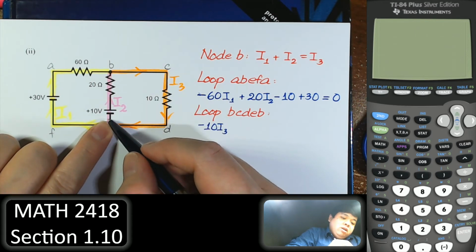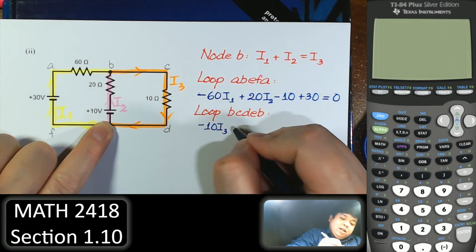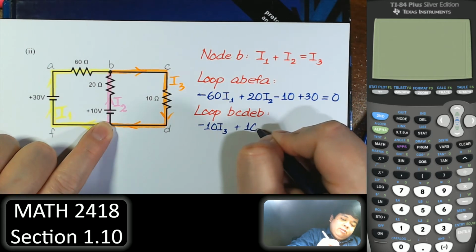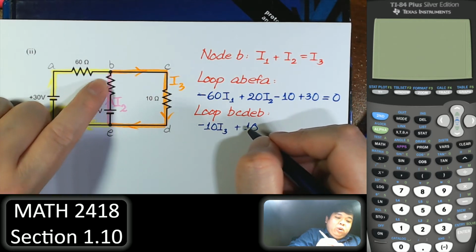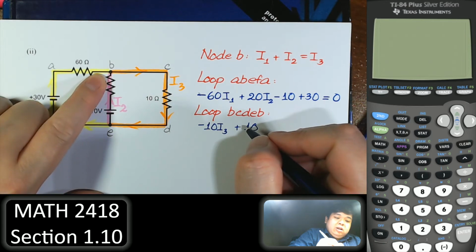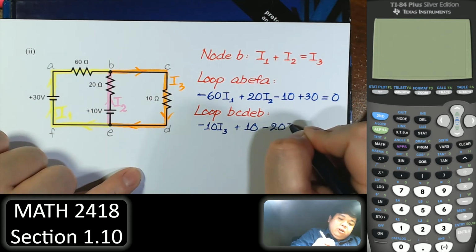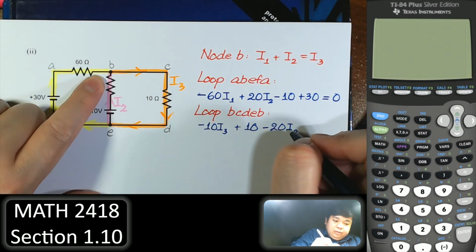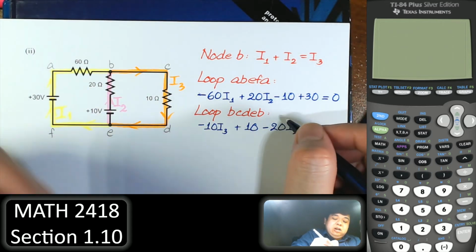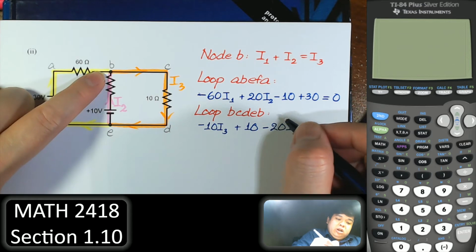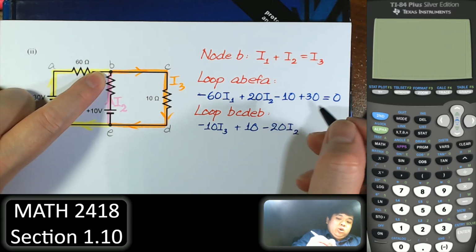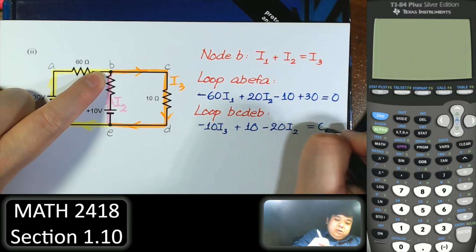And go with the power source here, that's the plus 10 volts. And now with the current, go through the resistor, that minus 20 I2. Because that with the current, that will be negative voltage. And that gets back to B. So complete a loop that equal to 0.